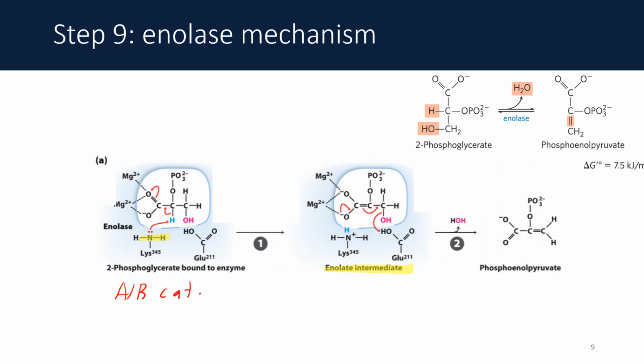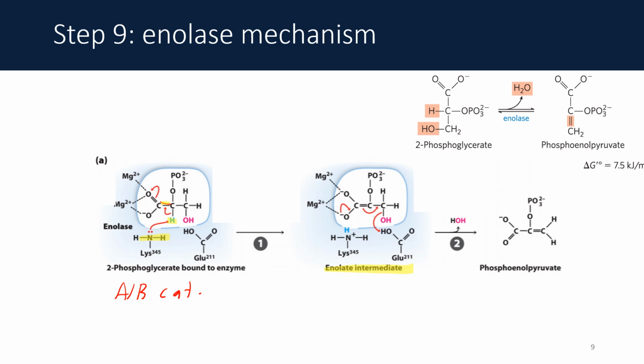What it will do is attack and deprotonate this activated proton on the C2 position. Deprotonating that carbon-hydrogen entity will relocate the electrons of that bond right over there. This is how we go about desaturating and forming this alkene.